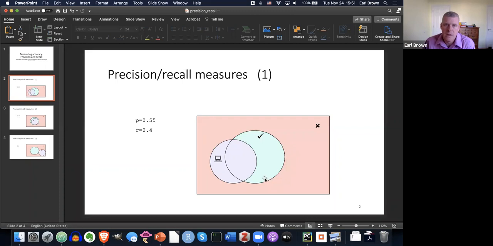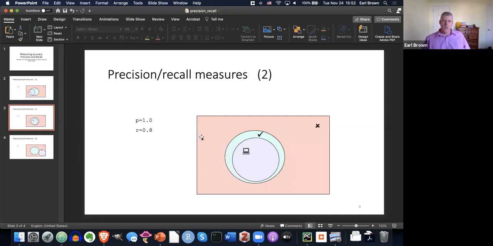So our recall is 40%, or 0.4, because what we got back only covered about 40% of what we should have gotten. And we had some false positives out here in the crescent moon part of the purple. Okay, so let's take another example.